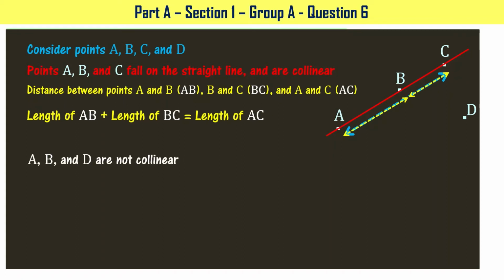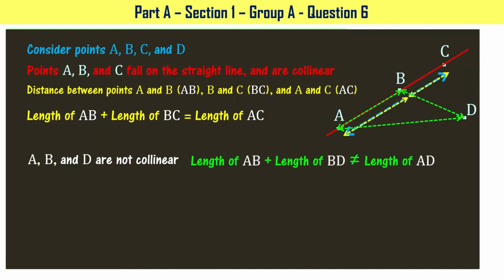As you see here, point A, point B and point D are not falling on the same line and they are not collinear. For that, if you take distances AB, BD and AD, you can say that length of AB plus length of BD is not equal to length of AD because they are forming a triangle, right? If 3 points are not collinear, they form a triangle, right?